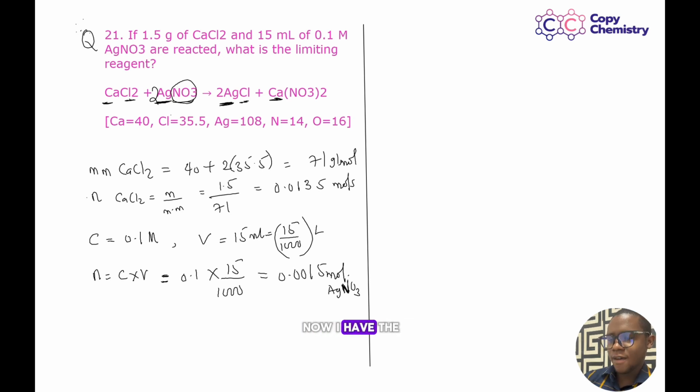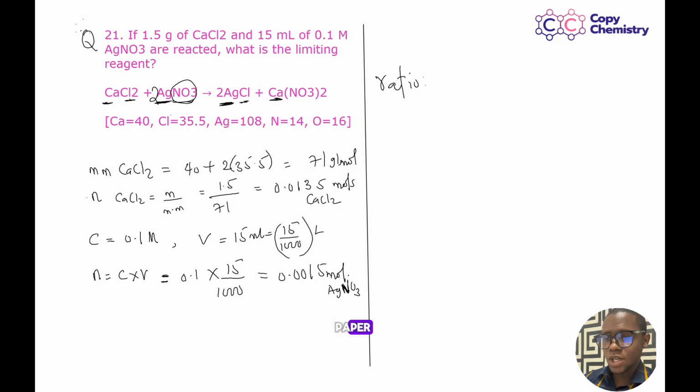Okay, now I have the moles of CaCl2 right here and the mole of AgNO3. So I'll look at these moles I have, and then I'll look at the balanced equation of reaction, and I'll get what I call a ratio. You can do this in your scratch paper also.